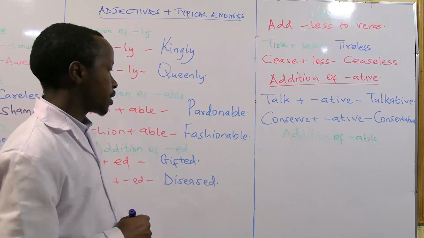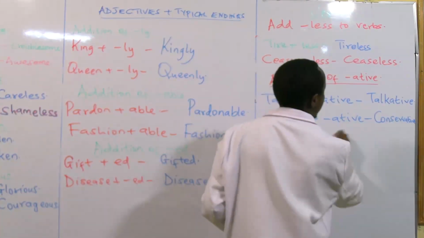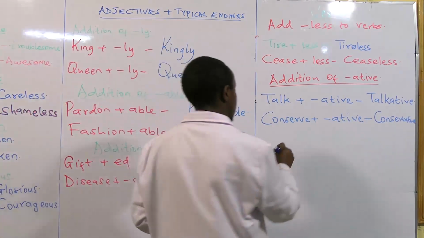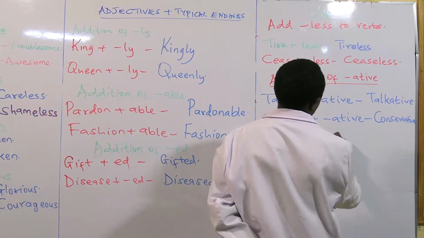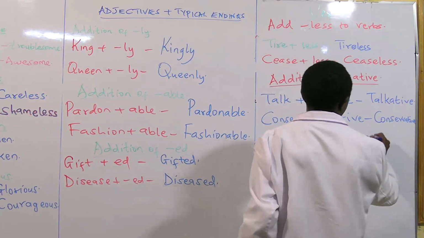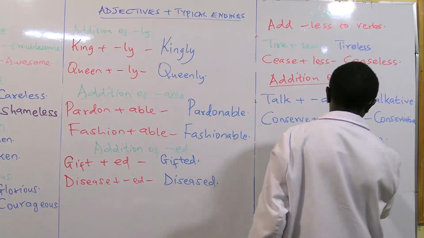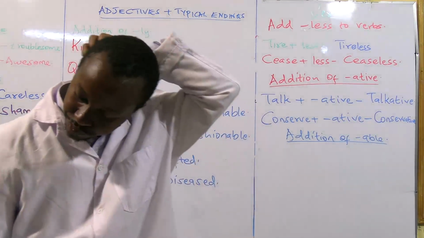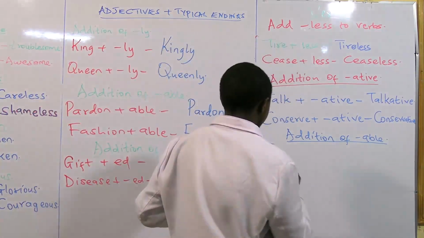We have, for example, when we add able. Look at this. When you have addition of able, we have move.